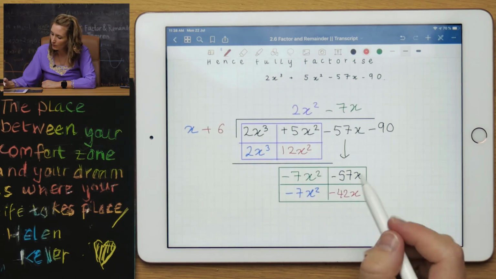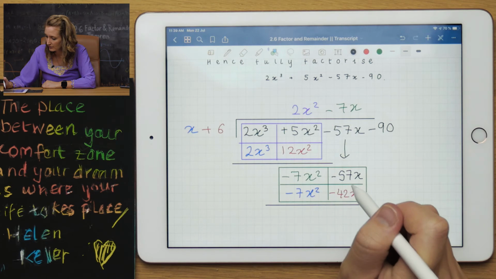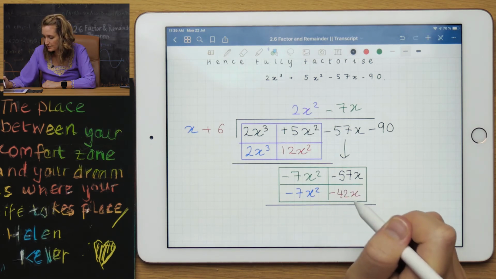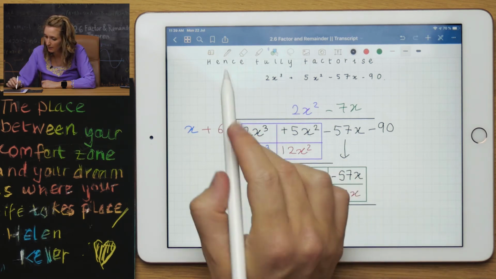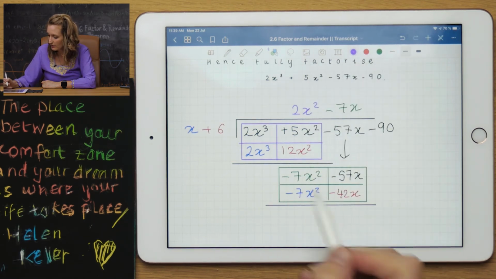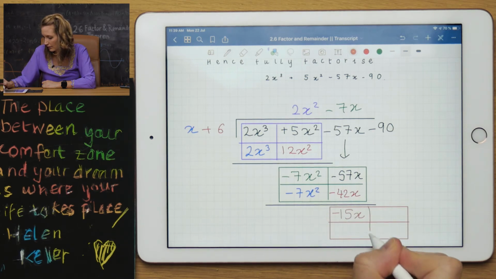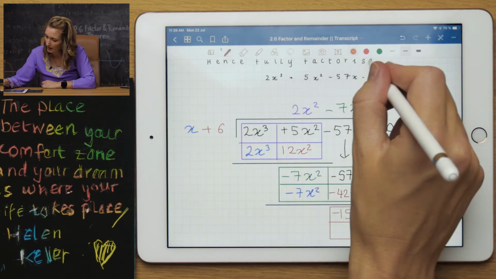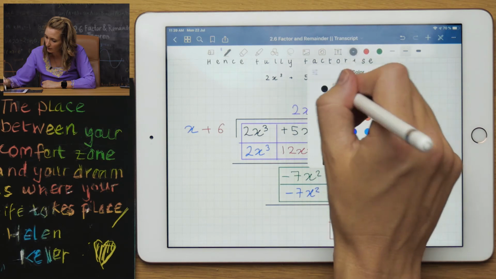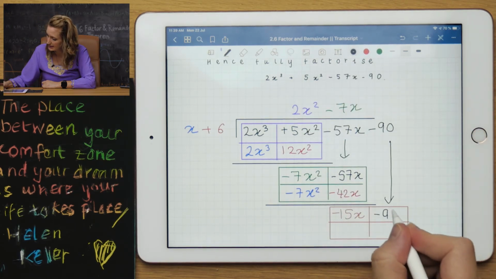Now we're going to subtract. Minus 57 minus minus 42 would be minus 15x. Here, this would again be 0. And we drag down from the top to fill in our top right column always, so that's minus 90.